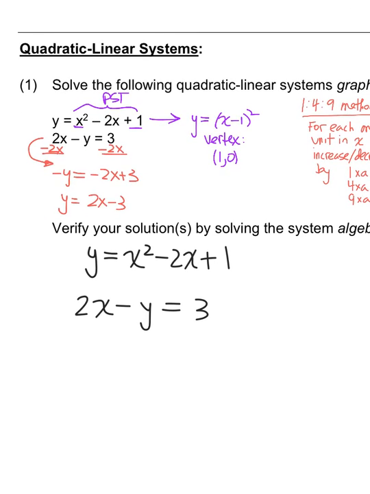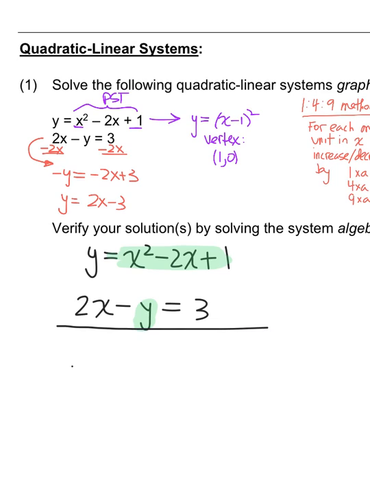So the algebraic solution would be, since I know that y is equal to this whole expression, I can replace the y in my second equation with that expression. All right? There's other ways to do it, but this is the way I'm choosing to do it.